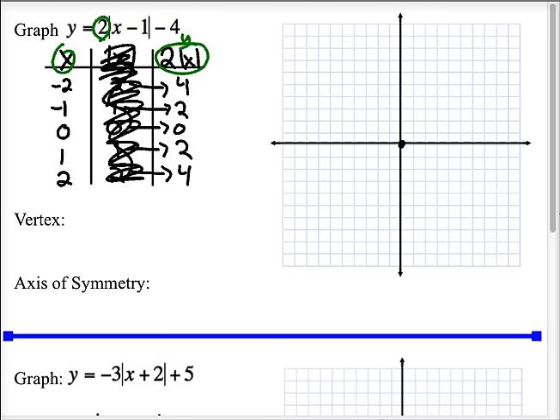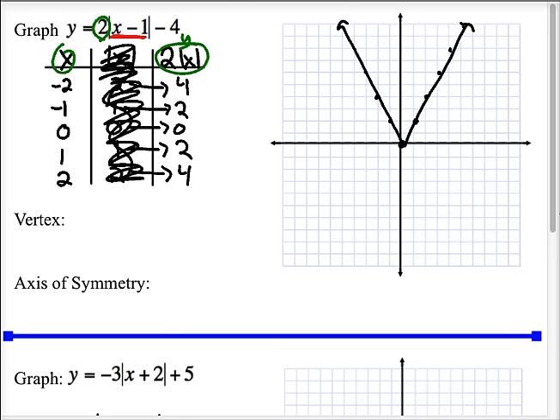So 0, 0, 1, 2, 2, 4, and then -1, 2, -2, 4, and so on and so forth. So there's my graph that takes into account my stretch, all right? Now we have to look for the shifting that's happening.